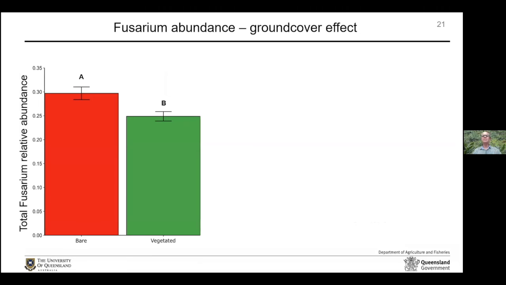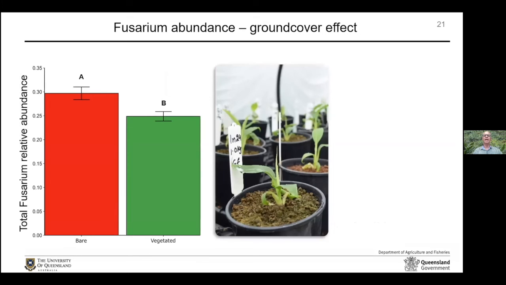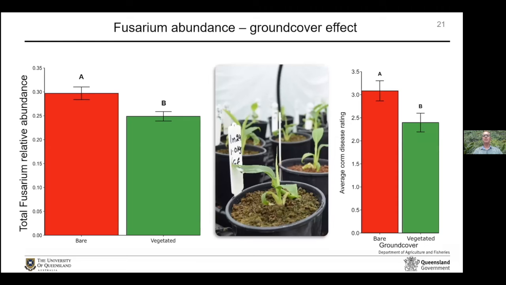And if we take some soil out of those plots from the field and grow a susceptible banana plant in there, and then challenge it with Fusarium oxysporum to see if it got disease, we found exactly the same type of result. Those plants grown in soil which had no ground cover at all, bare soil, had more disease than those grown in vegetated soil, which had extra plant growth in them.